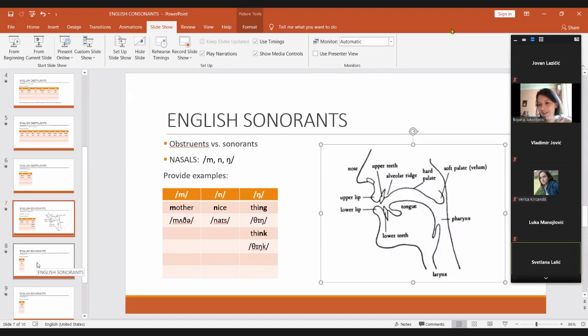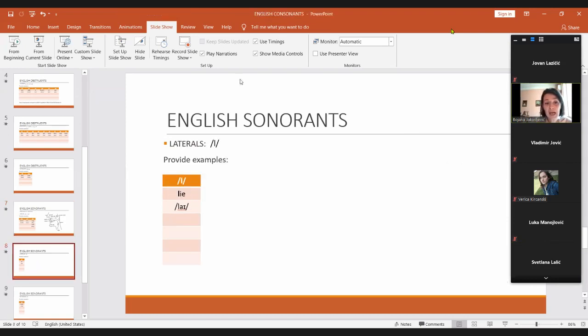What does latera mean in Latin? Side. It's a side, strana. So, l is basically a lateral sound. Is there a contact? Now I'm asking you. Is there a touch inside the mouth when you say lie?